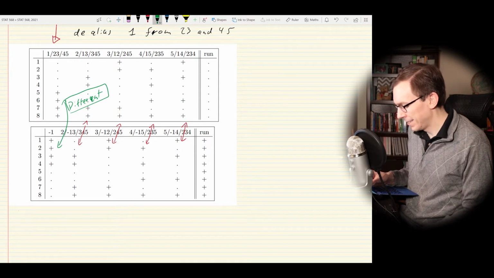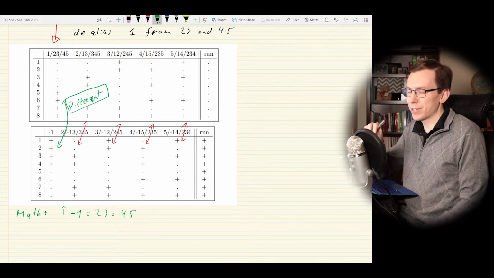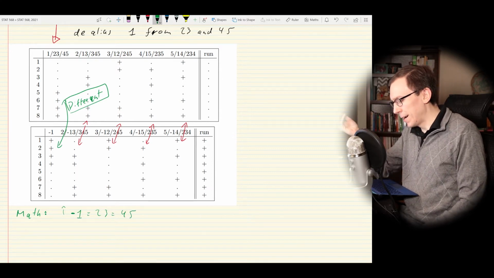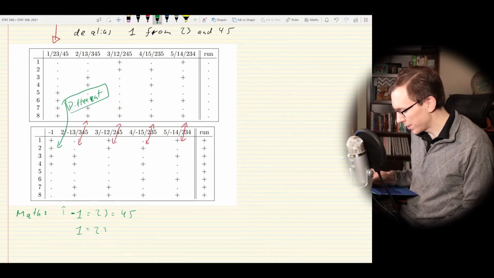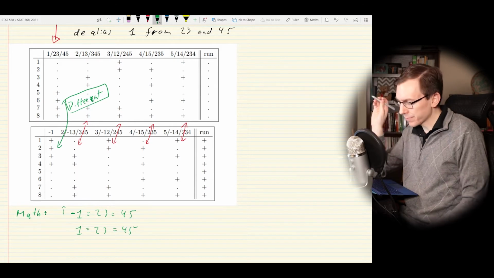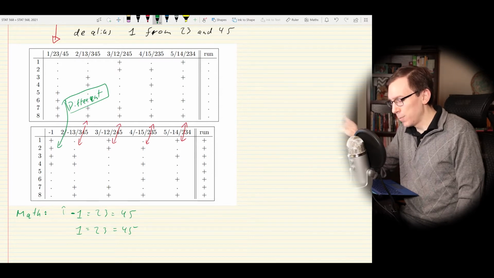We have a new aliased group for table number 2, which is -1 = 23 = 45, compared to what we had originally, which is 1 = 23 = 45. So as a result, we are going to de-alias column 1 from the interactions.